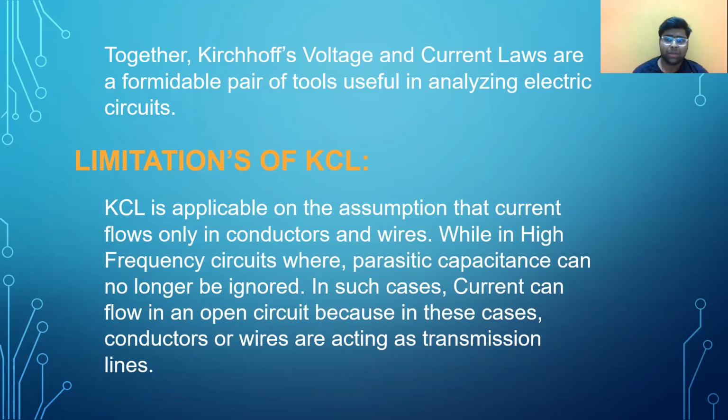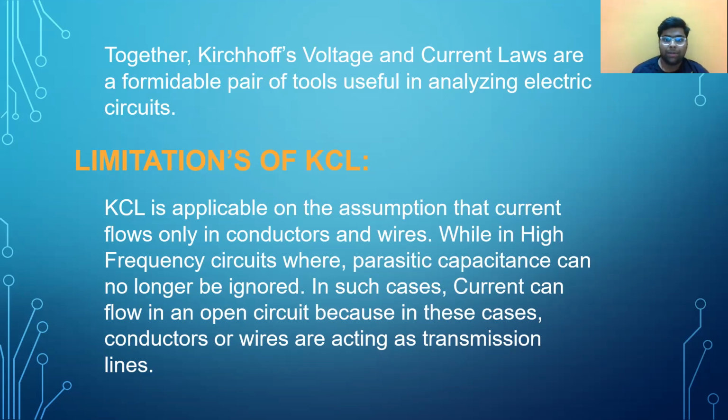In any statement or scientific theory, there will be limitations and advantages. In the previous slides, we discussed the advantages and how Kirchhoff's current law is used. In this slide, we will learn about the limitations of KCL, I mean Kirchhoff's current law.